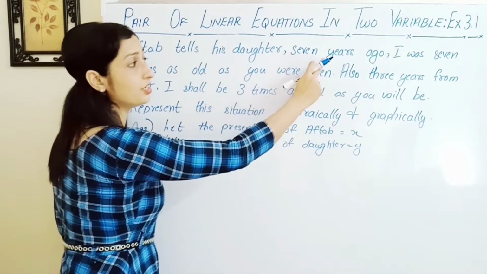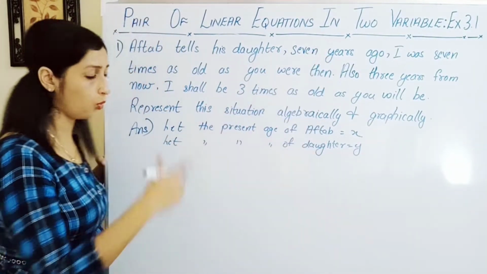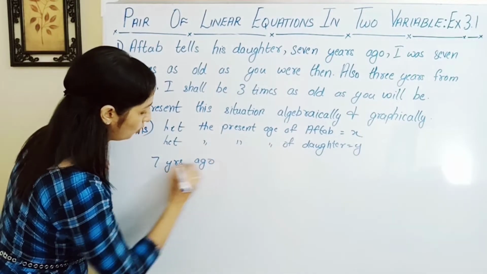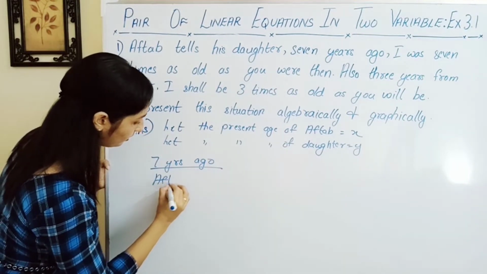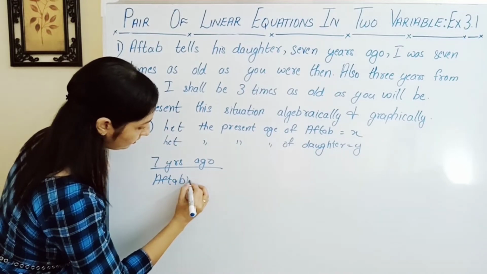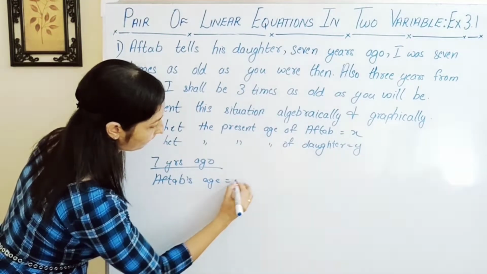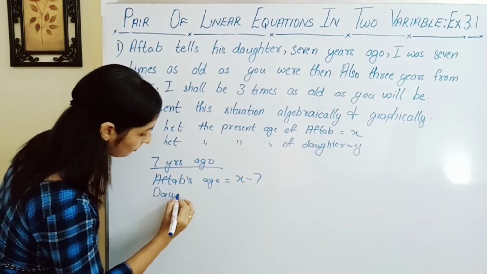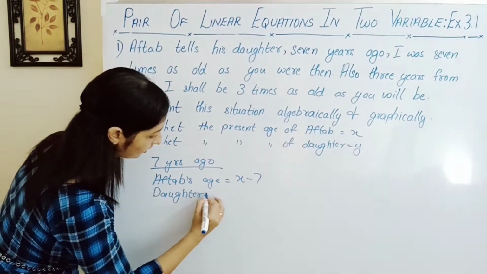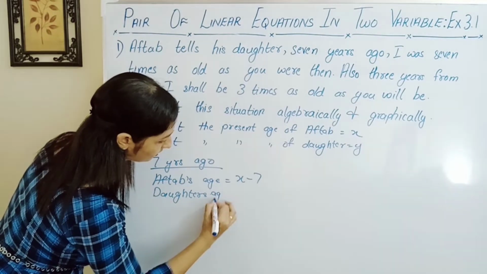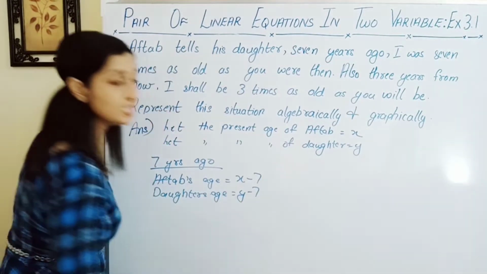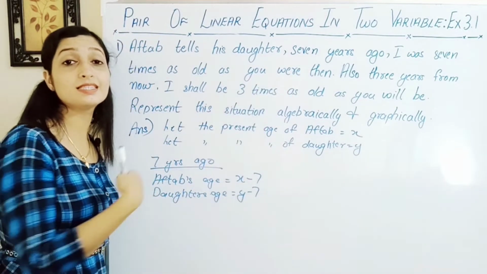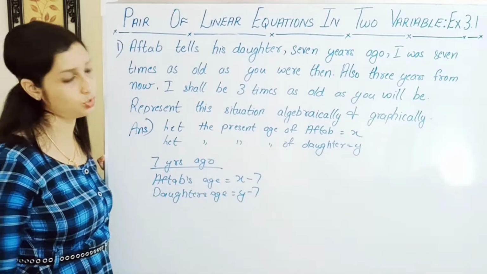Then what is the condition given? 7 years ago. So what are their ages 7 years ago? Aftab will be x - 7 and daughter will be y - 7, and according to the given condition, Aftab will be 7 times the age of his daughter.